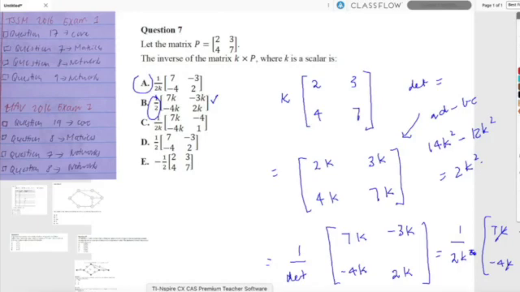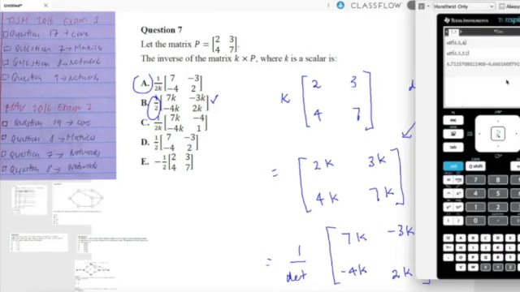Go to my CAS. Oh, I was working out something else there. Control N. You know the trick. Now I'm going to put this in as k's and work out the inverse. So 2k, use times just to make sure your calculator knows what's going on. 3 times k, 4 times k, and 7 times k. And I'm just going to throw a little power of -1, which is the inverse.